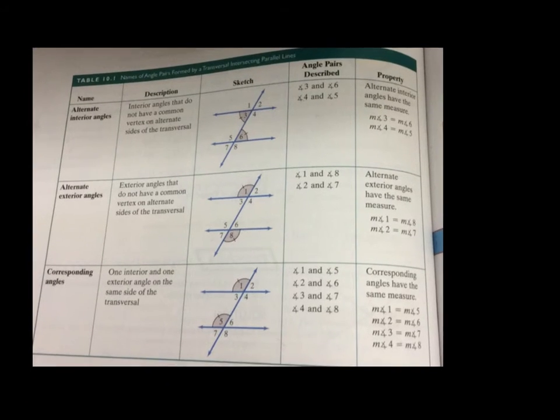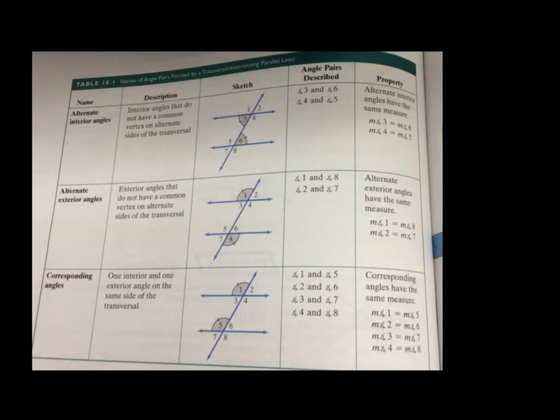And finally, you have corresponding angles. Corresponding angles are when we have an interior and an exterior angle on the same side of the transversal. Here it was all interior, here it was all exterior, and here this is interior and exterior. Notice that angle 5 is an interior angle and angle 1 is an exterior angle, but they have the same measure.